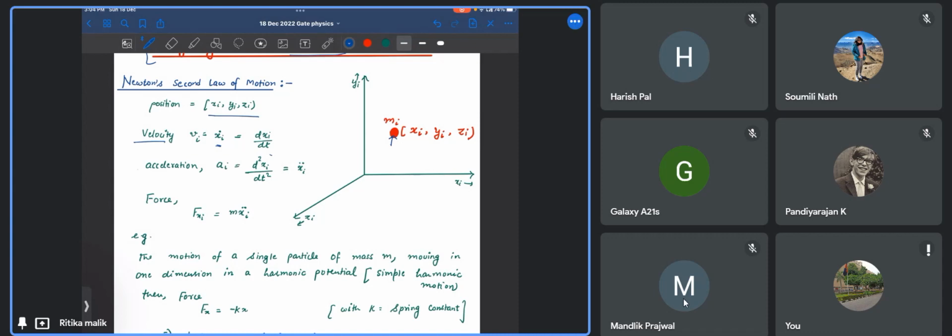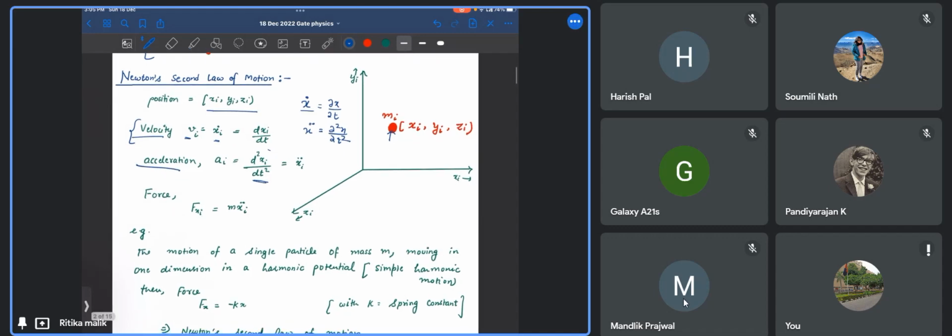In most of today's lecture, we are going to use this notation: whenever you see x dot, that means we are differentiating with respect to time, and x double dot means d2x by dt square.